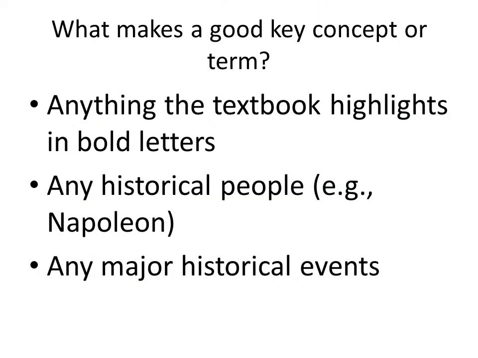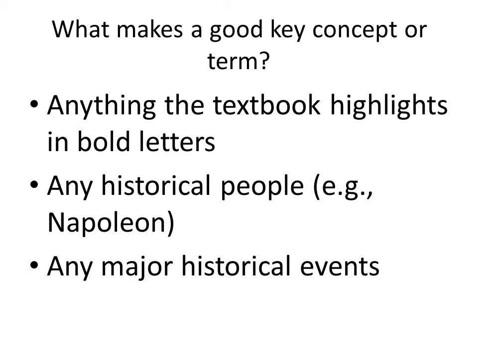Also, what makes a good key concept or term? Anything the textbook highlights in bold letters. Again, this is the textbook author's way of saying, know this, we think it's important. Also, any historical people and any major historical events. Why this makes a good key concept or term is that usually historical people or events are connected to many other aspects of history.